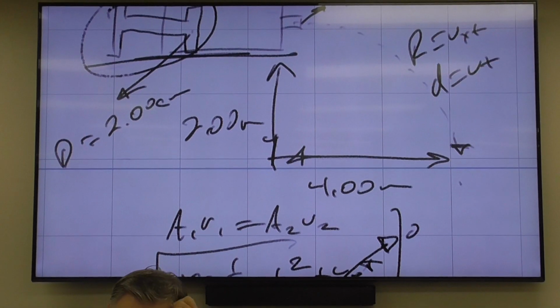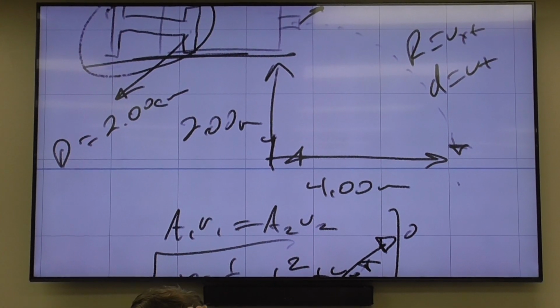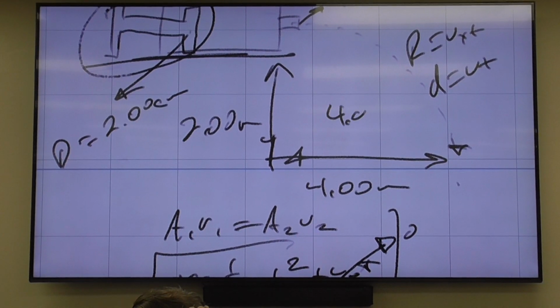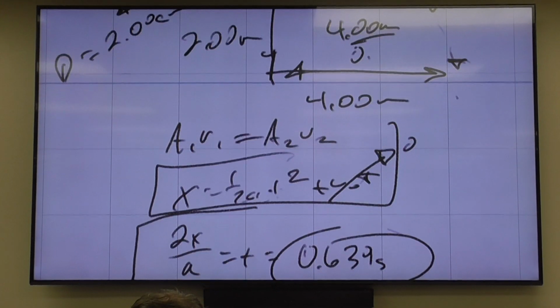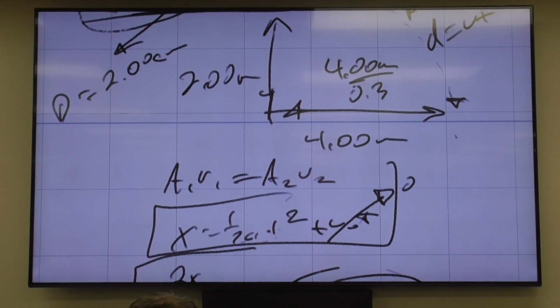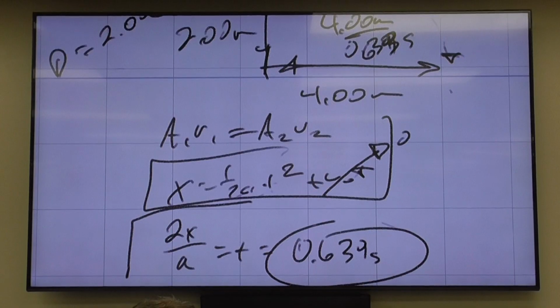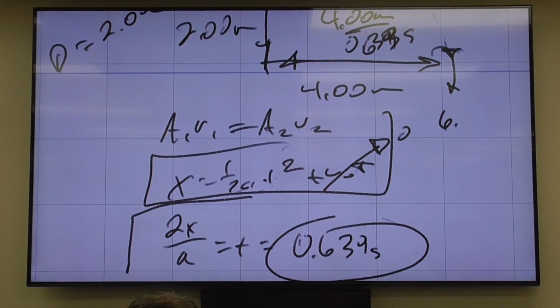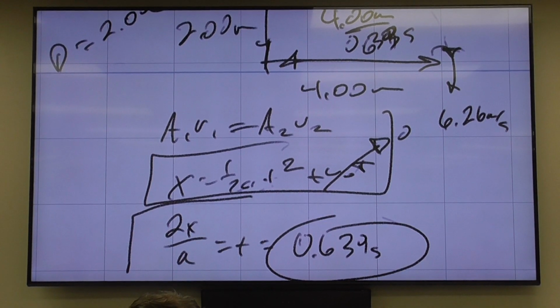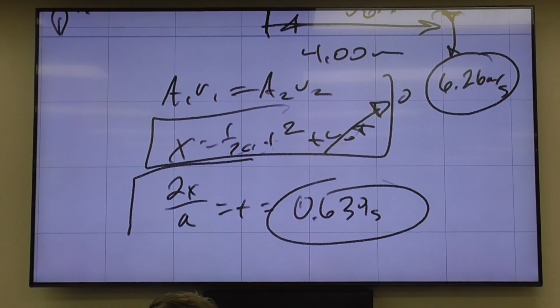So I wanted to go 4 meters, so take 4 meters and divide that by the time of 0.639 seconds. You get 6.26 meters per second. Okay, cool.